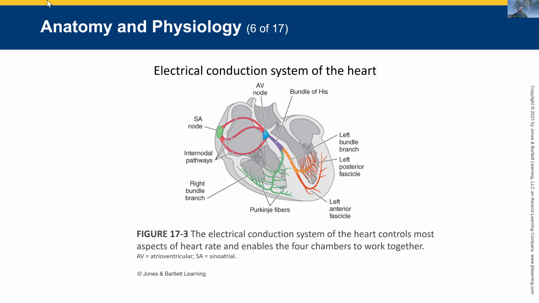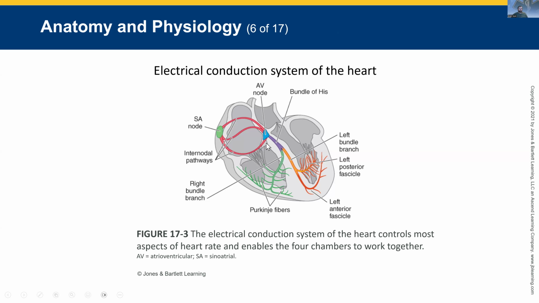Don't quote me on these numbers. SA node will allow 60 to like 120 beats, where your AV node is going to be like 40 to 60 or something. So your SA node is more electrically conductive than your AV node.